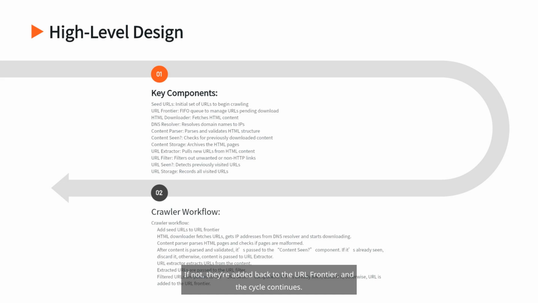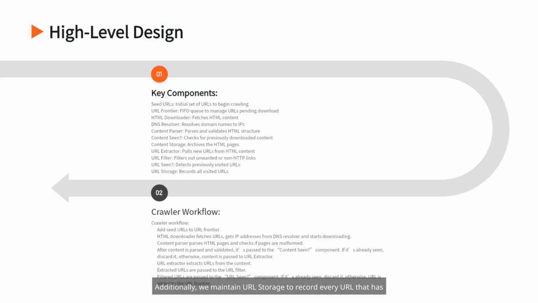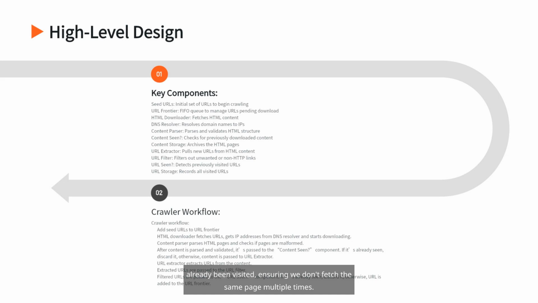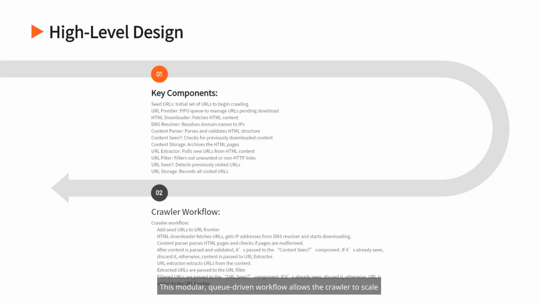If not, they're added back to the URL frontier, and the cycle continues. Additionally, we maintain URL storage to record every URL that has already been visited, ensuring we don't fetch the same page multiple times. This modular, queue-driven workflow allows the crawler to scale efficiently while avoiding redundant downloads and ensuring comprehensive coverage of the web.